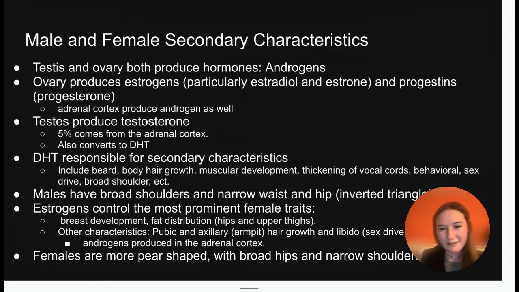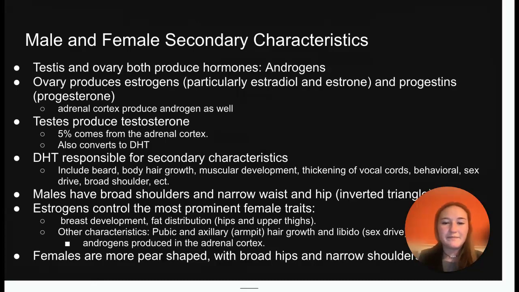Those either create a testes or create an ovary, and so the hormones do the busy work in developing the reproductive organs. So ovaries produce estrogens and progestins. They cause females to have breast development, fat distribution upon the hips and upper thighs, pubic and axillary hair, so like the armpit hair growth.